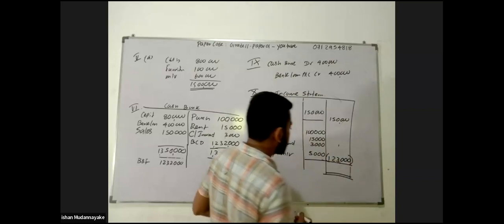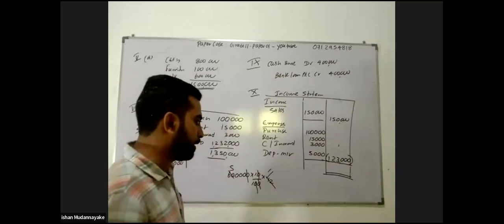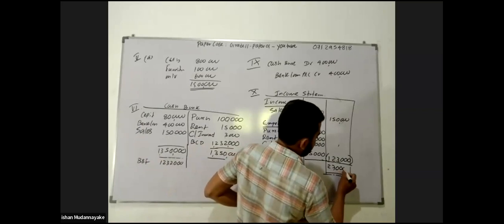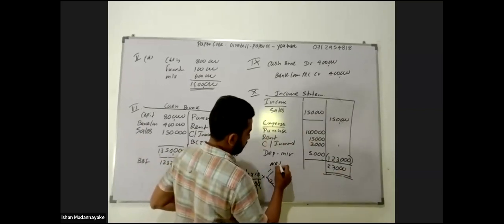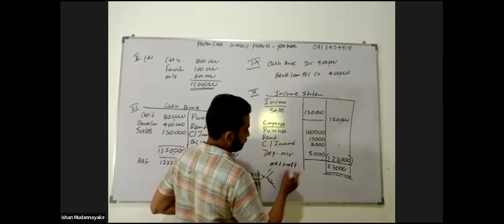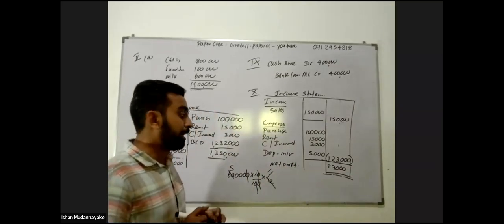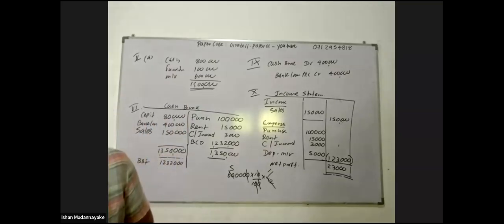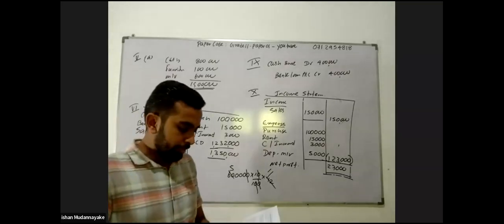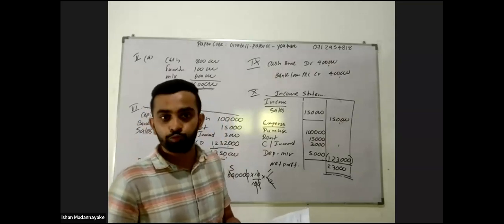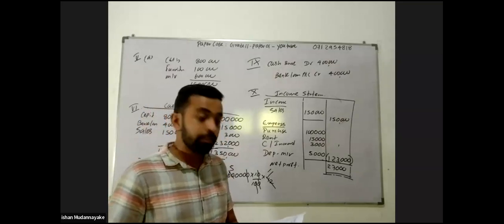Then the net profit of the business is 27,000. Students, that is the end of paper 1 related to grade level. Then again we will meet with another paper, paper 2. Okay, right. Thank you for watching.